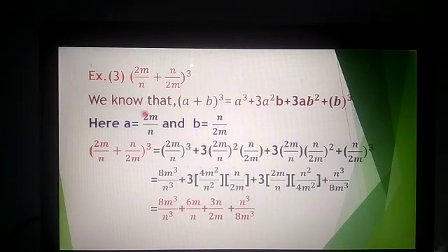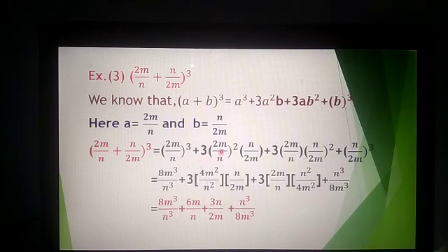Now come towards the third example. 2m upon n plus n upon 2m whole cube. Same expansion we will use over here. Here a is 2m upon n and b is n upon 2m. So let us substitute a and b in our expansion formula. 2m upon n plus n upon 2m whole cube is equal to 2m upon n whole cube, that is first term cube, plus 3 into a square into b.